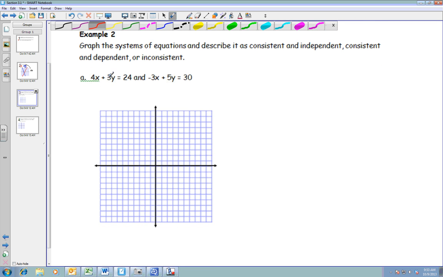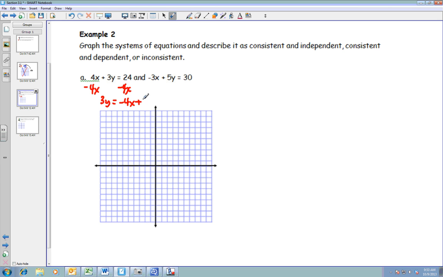In this first equation, I need to solve for y, so I subtract 4x from both sides. 3y equals negative 4x plus 24. Divide by 3. So I have y equals negative 4x over 3 plus 8, because 24 divided by 3 is 8. Now I'm going to graph that.